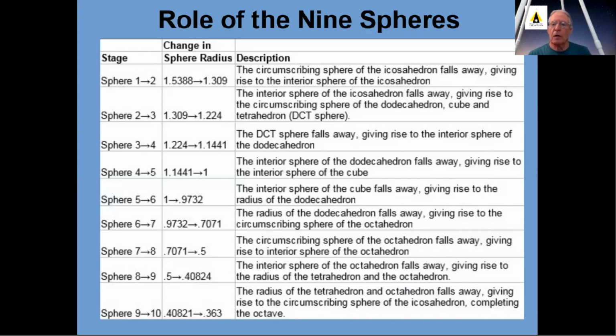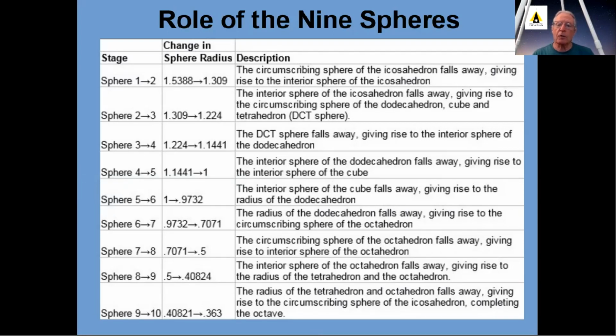In that case, what's happening is the circumscribing sphere of the icosahedron is falling away, giving rise to the interior sphere of the icosahedron. And then in the next step, the interior sphere of the icosahedron falls away, giving rise to the circumscribing sphere of the dodecahedron, cube and tetrahedron, which I call the DCT sphere. The next step, the DCT sphere falls away, giving rise to the interior sphere of the dodecahedron.